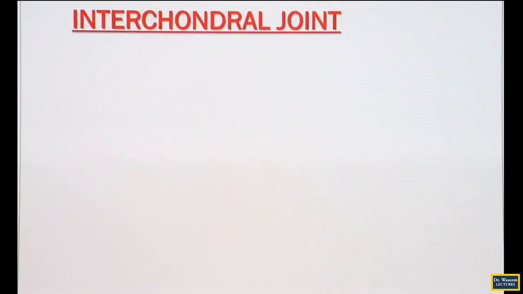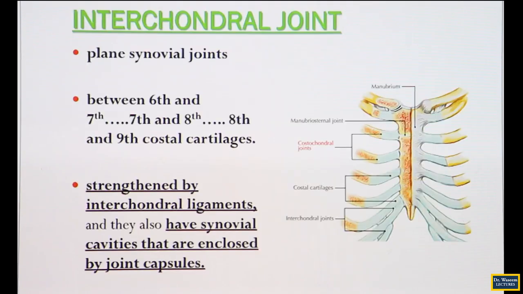Then there are the interchondral, or chondrochondral, joints. Interchondral means, you see here, between the 6th and the 7th, between the 7th and 8th, then between the 8th and 9th. This is the 7th, and this is the 8th with the 7th, and such joints you have already watched here.